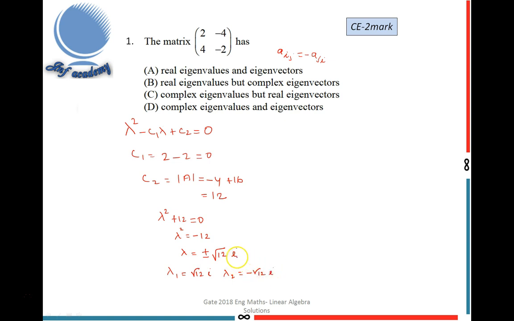So the eigenvalues are complex. Clearly we can say that the eigenvalues are complex, then the eigenvectors are also complex. So option D is correct: complex eigenvalues and eigenvectors. Next, move on to the second problem.